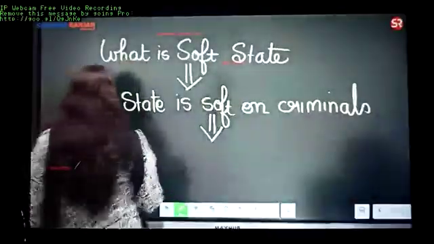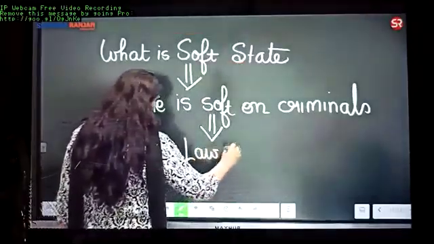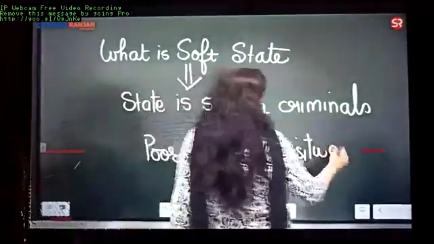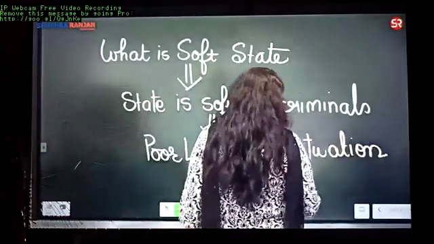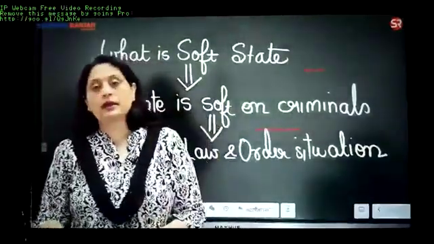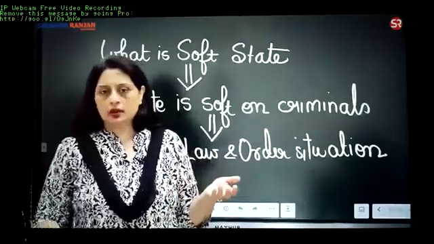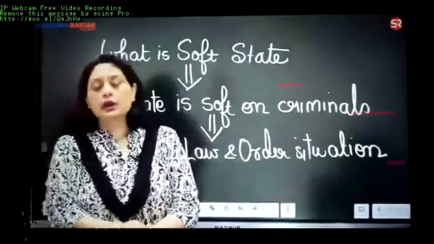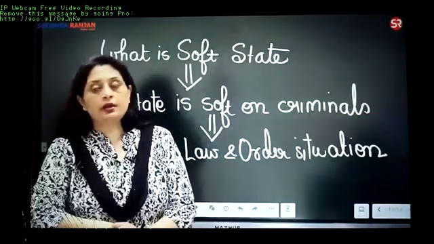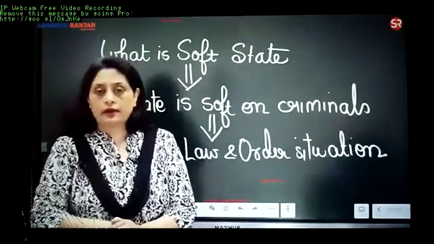It means a poor law and order situation. Almost like an anarchy, but not complete anarchy like Syria at present, or Libya at present, or Somalia, but some level of state, but almost anarchy. So the Indian state is a soft state, means it is easy to defy law and you can easily get out of the clutches of law if you are a criminal.